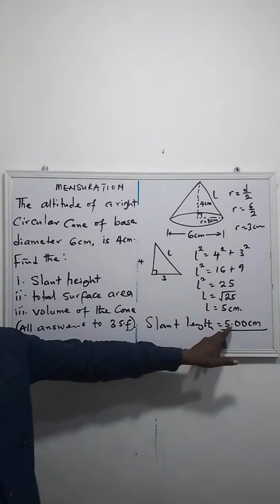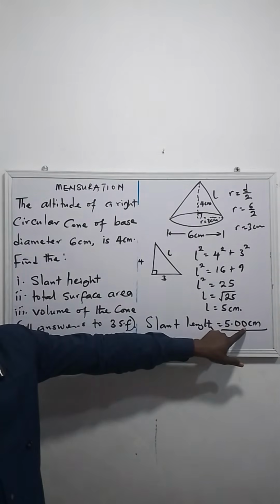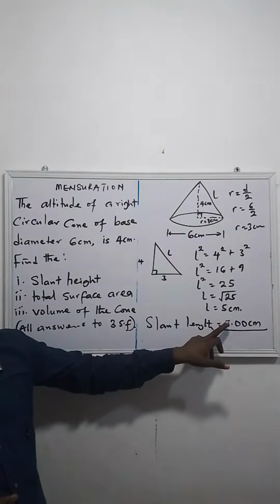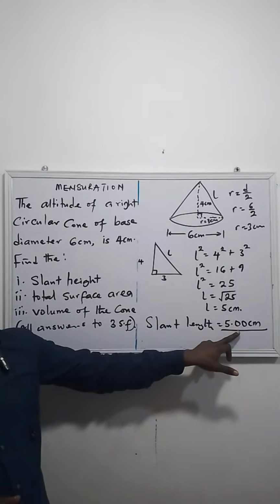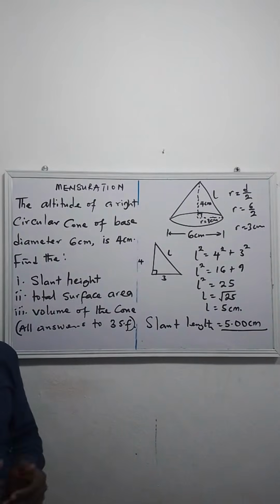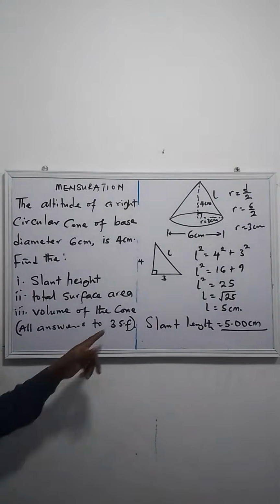So we count 1, 2, 3, so we count 3 digits. So that is the answer to that problem. I hope you all understand that. Okay, good. So now if someone stopped here and did not write the answer like this in 3 SF, that person is going to lose a point. So you lose a point if you don't write it in 3 SF.